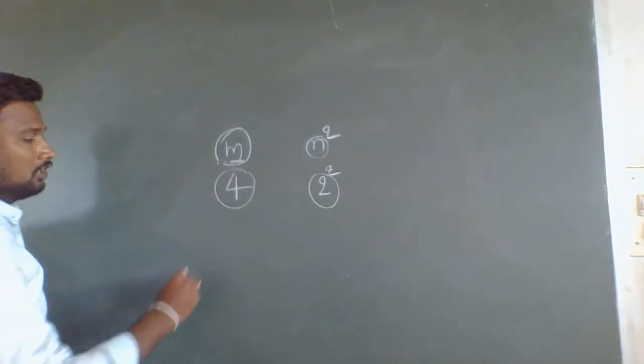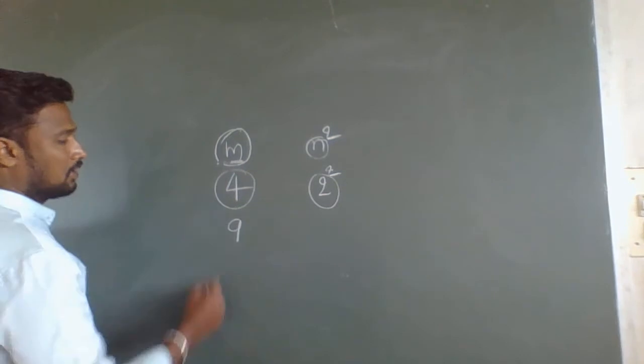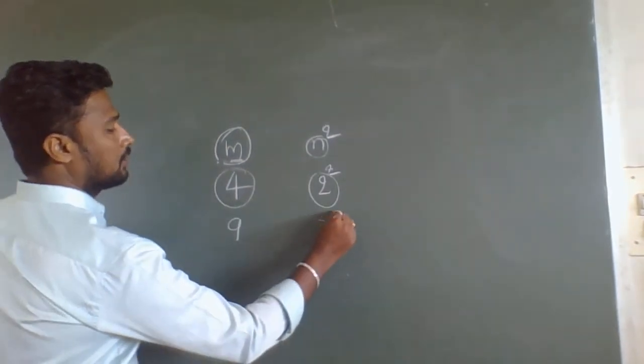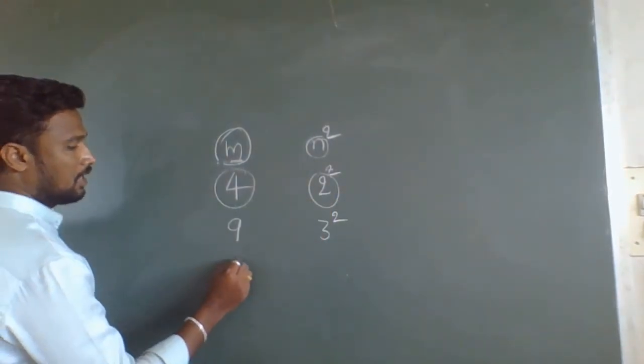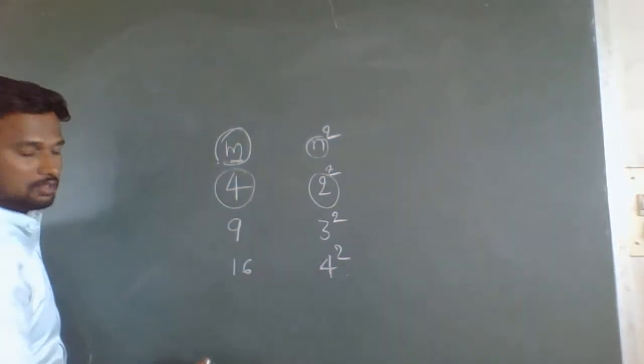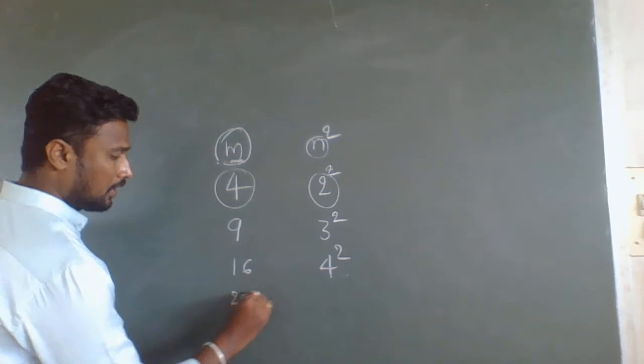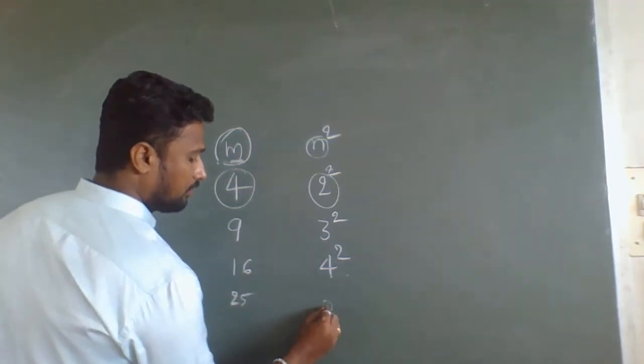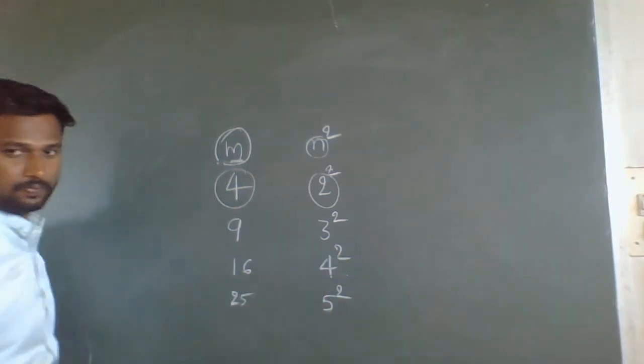Like this you can consider other examples. 9 can be represented as 3 square, 16 can be represented as 4 square, and 25 can be represented as 5 square.